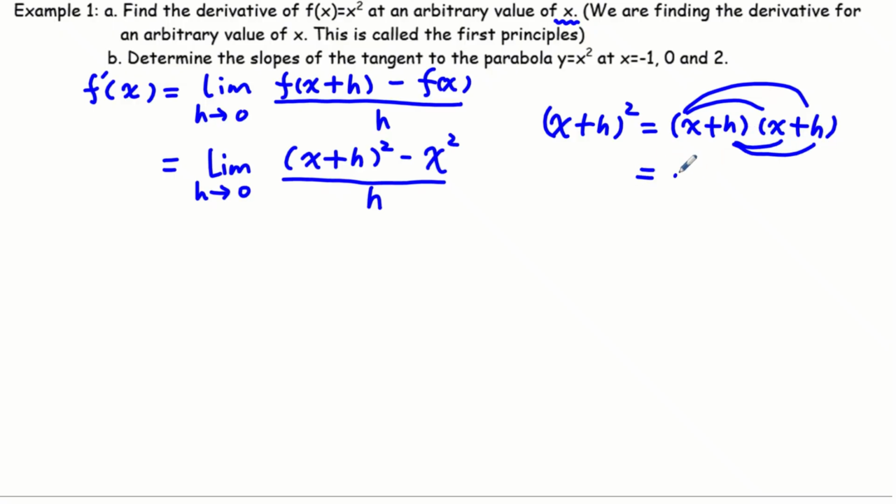We are going to have x squared plus x times h plus h times x, which is the same as x times h, then h times h. So 2 terms times 2 terms, you will have 4 terms. Then collect the like terms.